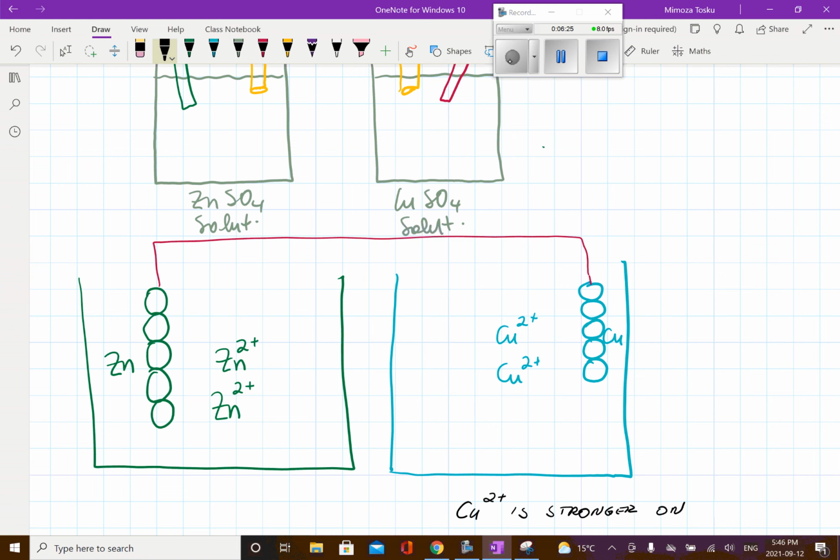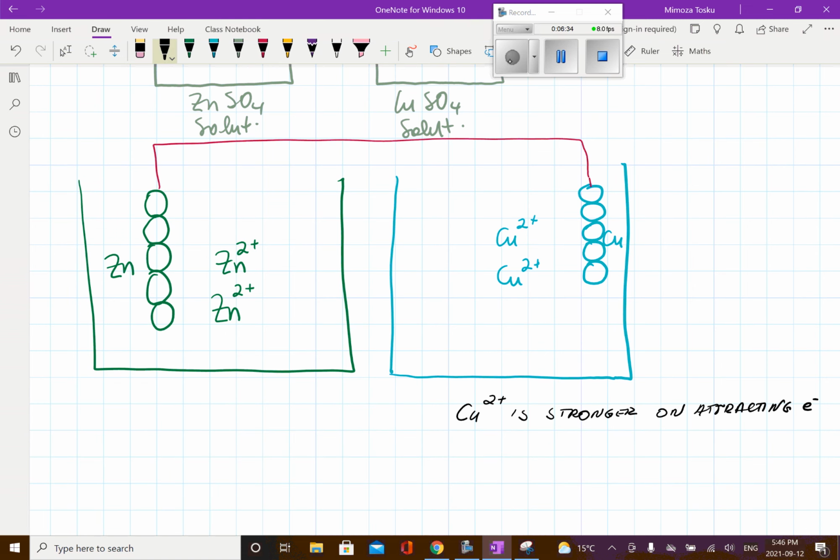at attracting electrons from zinc metal. So what is happening in this case is that copper 2+ is saying, okay, you have to give me electrons, to the zinc atoms. So the zinc says, okay, I will give you 2 electrons.